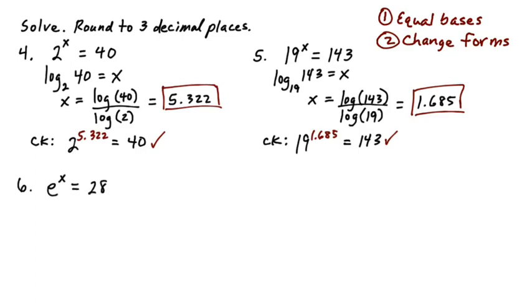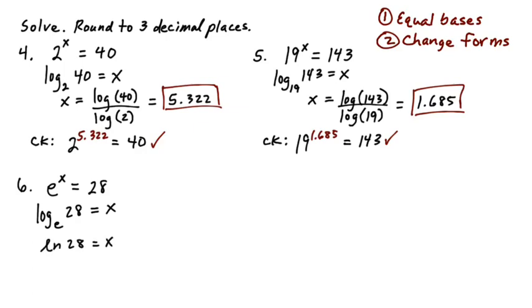So here we have e to the x power is equal to 28. Again, I'd encourage you to try this one first. So it turns out to actually be pretty simple as long as you're comfortable switching forms. So for some people, I'll do this step here. I'll write log base e of 28 equals x, but that's not how we write our natural logs or base e logs.